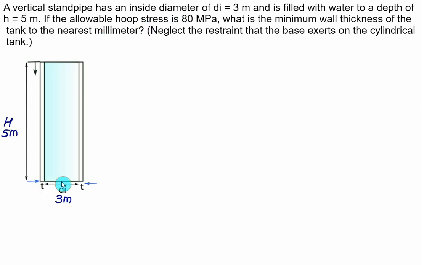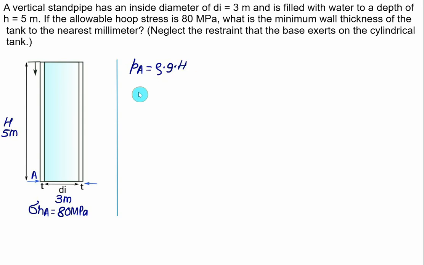The hoop stress is maximum at the bottom, that is at point A. So we have a hoop stress at point A equal to 80 megapascal. First we calculate what is the pressure at point A. The pressure at point A is given as a product of rho multiplied by g multiplied by the depth H, and the hoop stress at point A will be equal to the pressure at point A multiplied by diameter di divided by 2 times the wall thickness t.